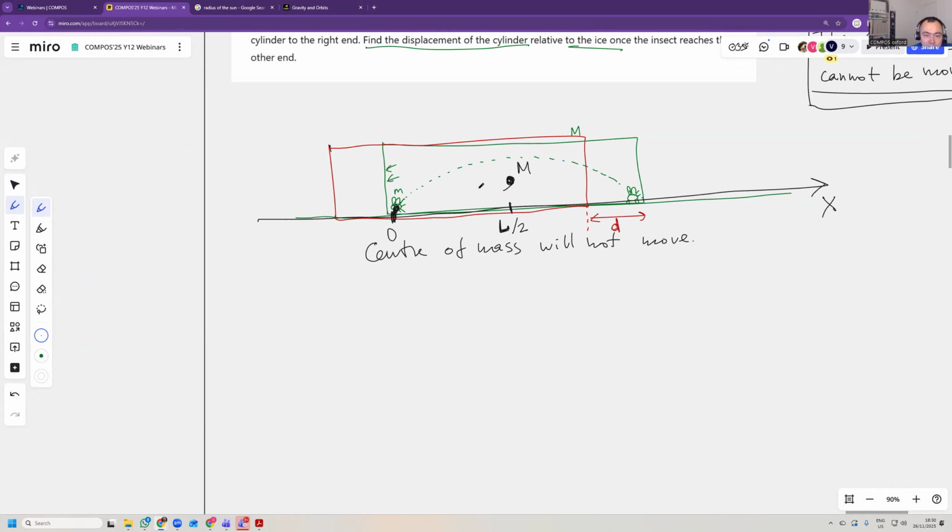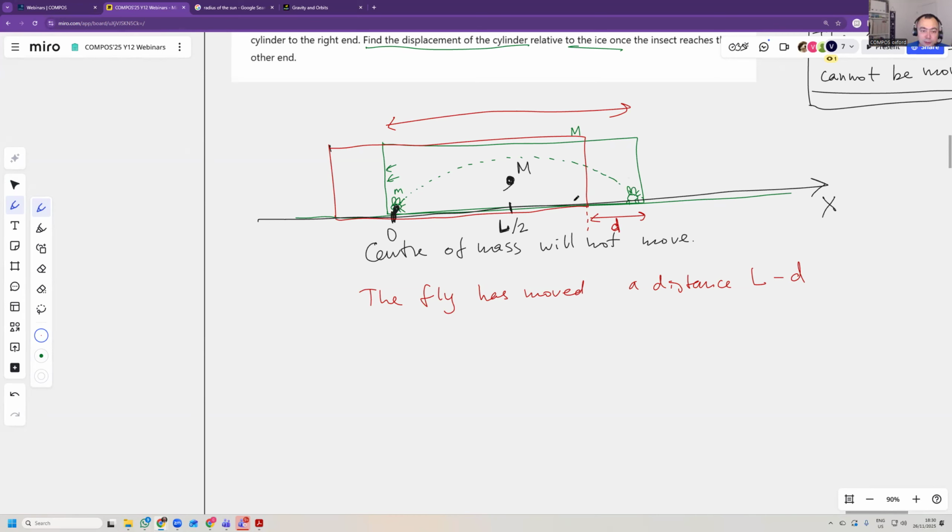So the fly hasn't moved a distance equal to the length of the cylinder. The fly has moved a distance L minus d, because the fly has flown L, but the cylinder has moved d to the left.